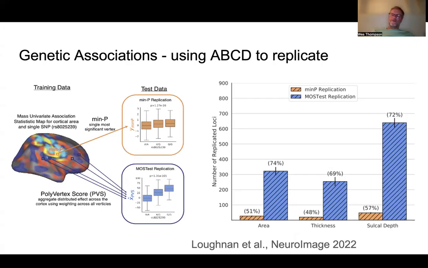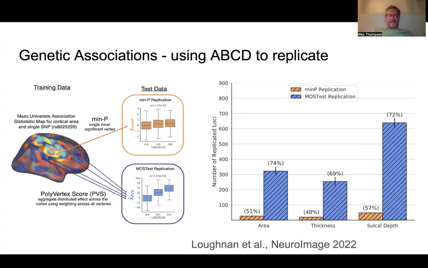You can also, going back to how to use the genetics data for scientific investigations, here's something from a paper from Rob Lofman in Neuroimage in 2022. You can do essentially GWAS, or genome-wide association studies, of different characteristics.